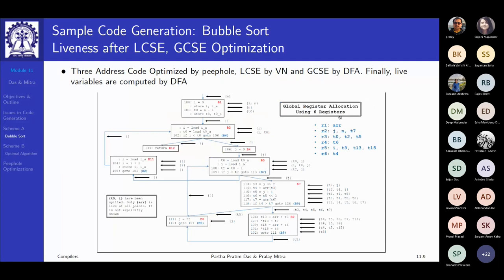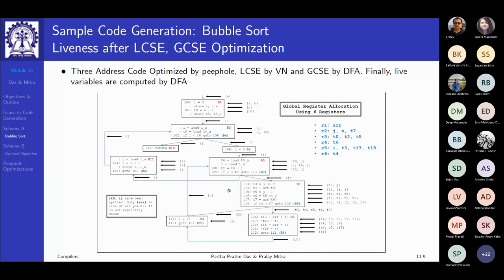Going to the next slide. On this, the intermediate steps, again, I have not shown. You can work them out based on that code. But what I have done is a 3 address optimization by peephole, local and global common sub-expression elimination by DFA.